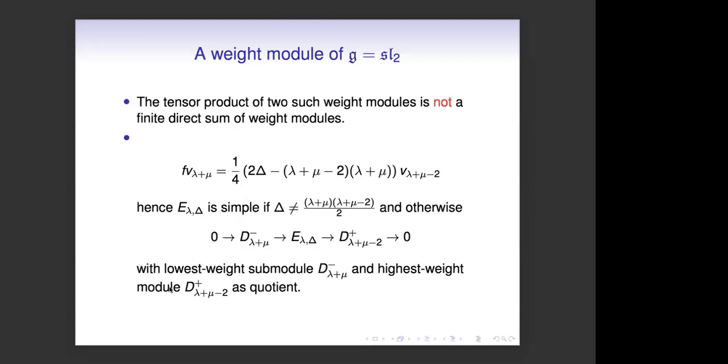Now, already for the finite dimensional Lie algebra, because tensor product is multiplicative in the weight spaces, you immediately see that the tensor product of two such weight modules has weight spaces that are all infinite dimensional. So the tensor product will never be a finite sum of weight modules.